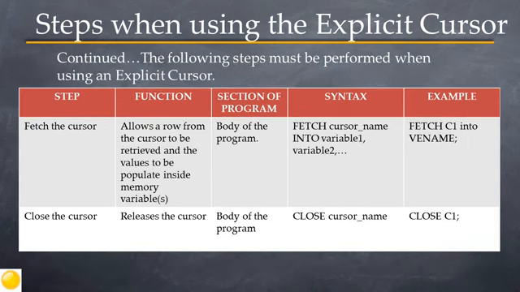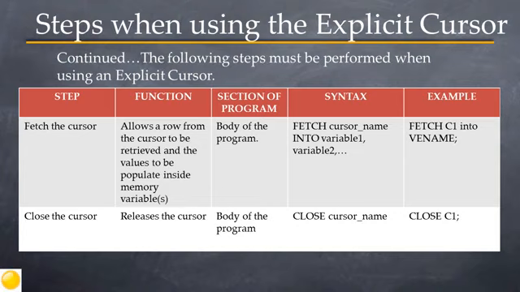The third step in cursor manipulation is fetching the cursor. This is how you bring the values from a row of the cursor into memory variables for processing. This step is also performed in the body of the program. By fetching the values into memory variables, you can individually work with the values generated by a single row of the select statement.